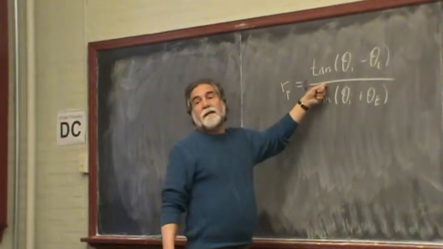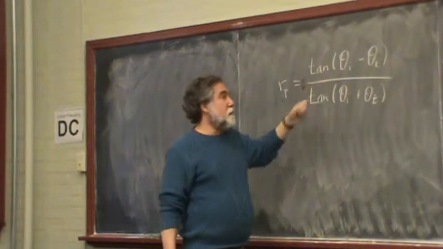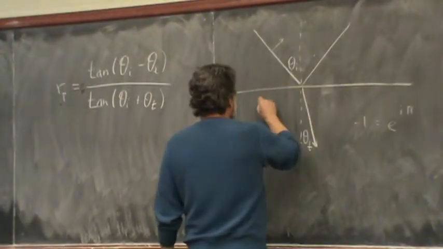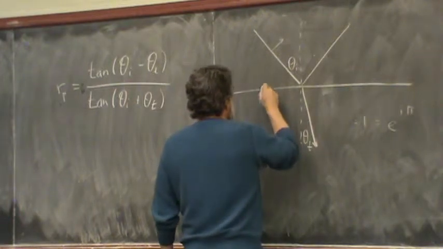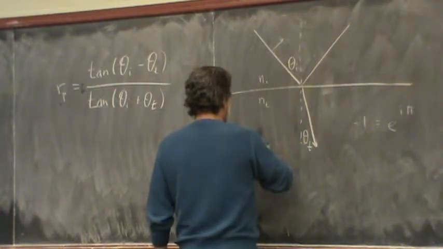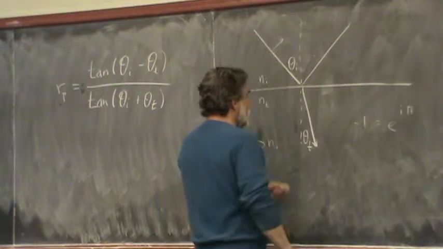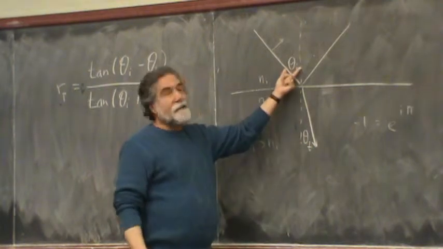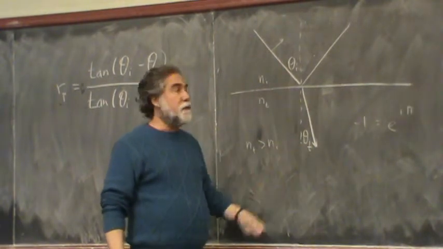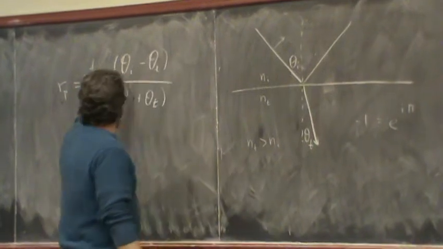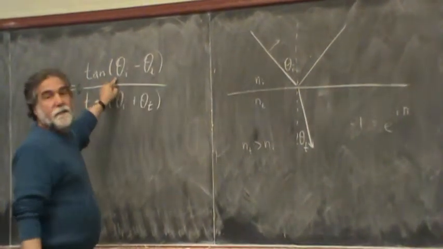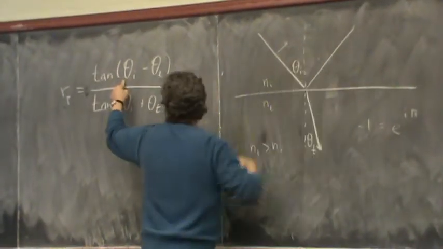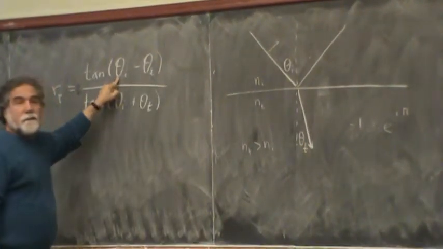And this argument is actually pretty simple to make, which is that you've got one relationship here, which is that if n_t is greater than n_i, then the transmitted angle here is smaller than the incident angle due to Snell's law, right? Which means then that this quantity here will be positive for a small incident angle. So if this angle is small, you're near the normal, this quantity will be positive.